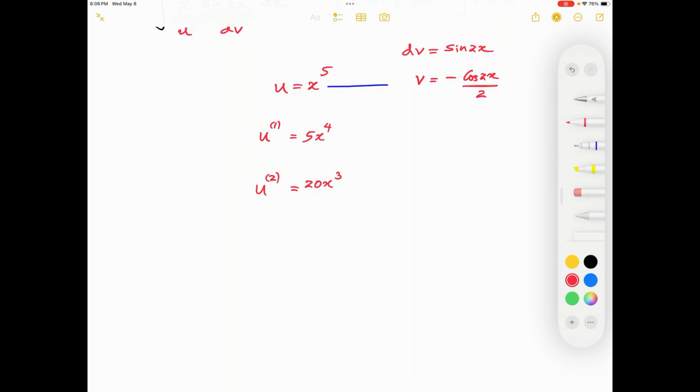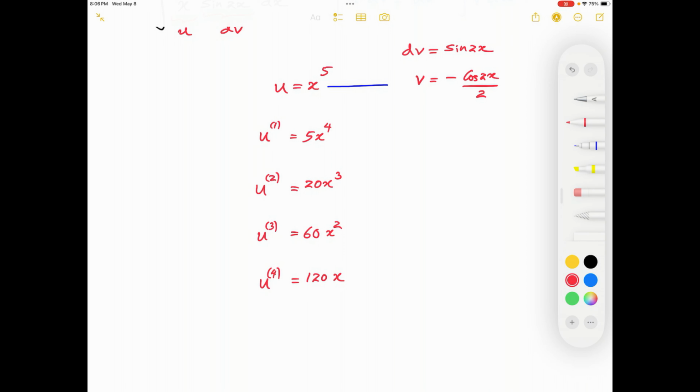Even that's not a constant, therefore I need to differentiate again. Let me write it as u superscript 3. It will be equal to 60x squared, which is also not a constant, therefore I need to differentiate again, which will be written as u superscript 4, the fourth derivative of u, which is going to be equal to 120 times x, which is also not a constant.